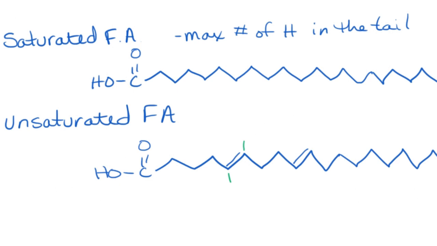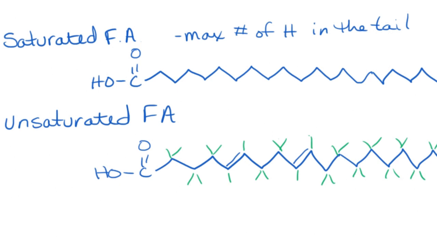This one can have one coming off. All of these other carbons would get two hydrogens coming off of them. This one would only get one, this one would only get one. So hopefully you can see that when we start to add in these double bonds, it does affect how many hydrogens we can get packed on here.